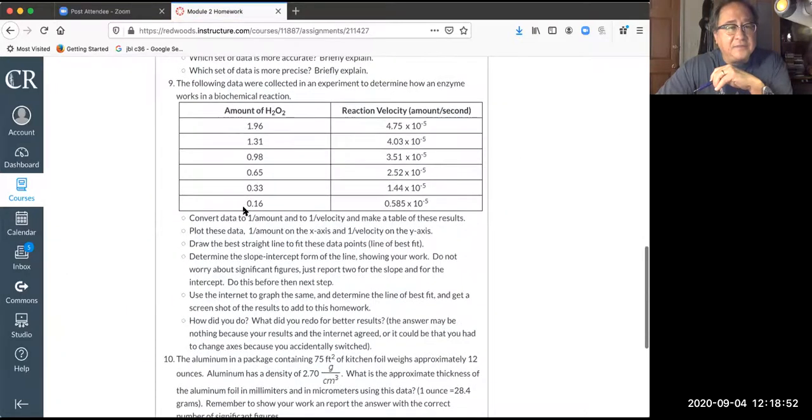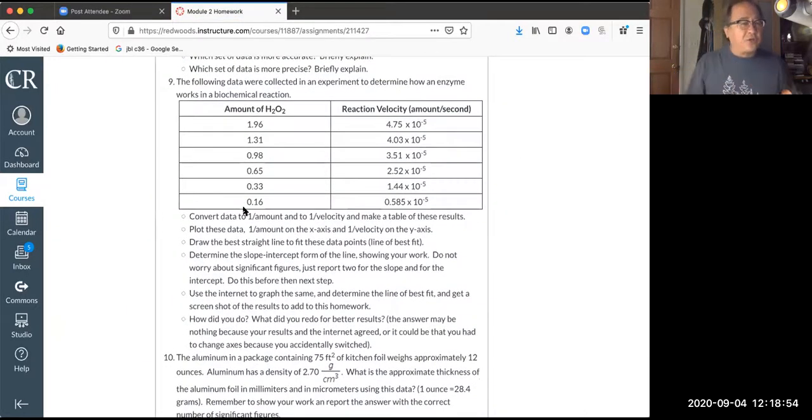Someone just asked about this, and it's a great question about number 9. You can see that we have these amounts and we have this convert data to 1 over the amount and to 1 over the velocity and make a table of these results.